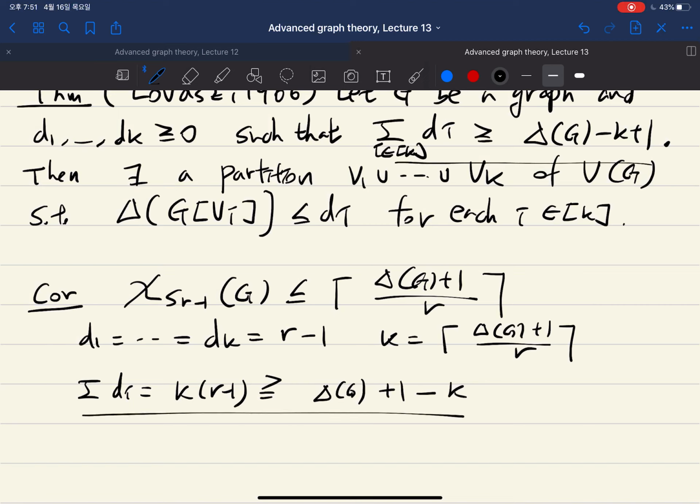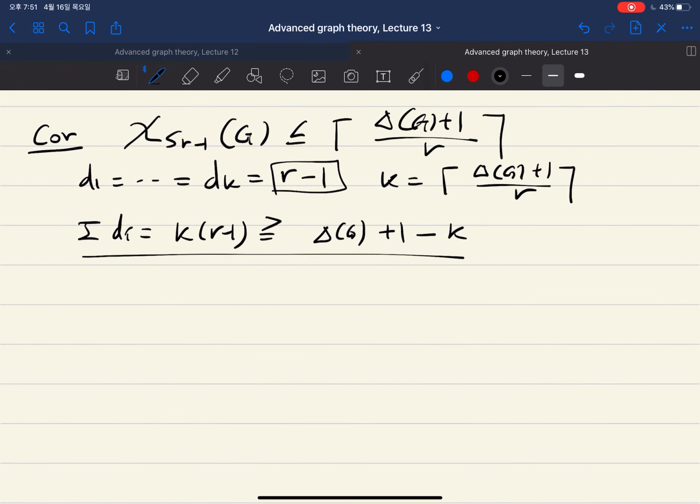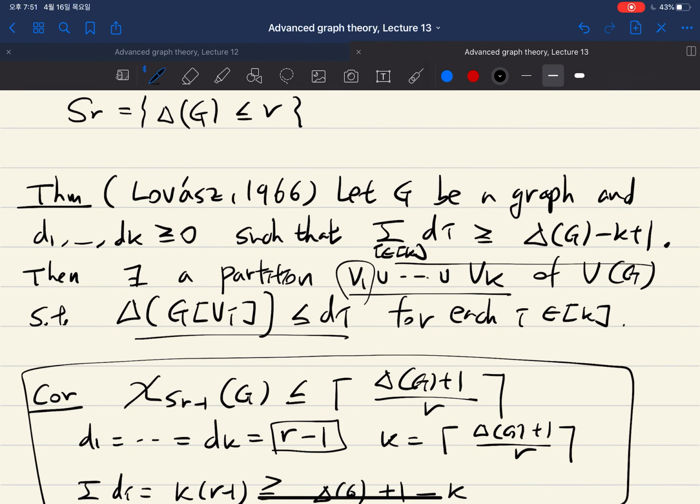That means you can partition the vertices into k sets so that each induces a graph with maximum degree r minus 1. And you give the same color to each part, and that gives us the S sub r minus 1 coloring. So this theorem implies the corollary.